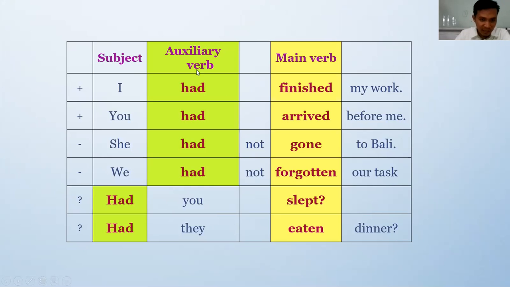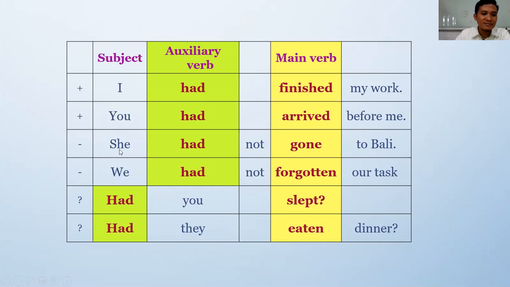Okay, this is in affirmative or positive. So subject had. We don't use have. We don't use has. We use only had for all subjects. And then here the main verb is verb 3, or past participle.